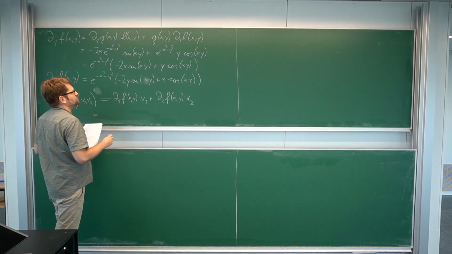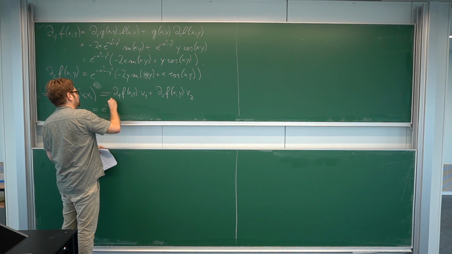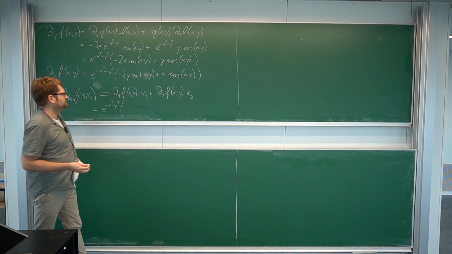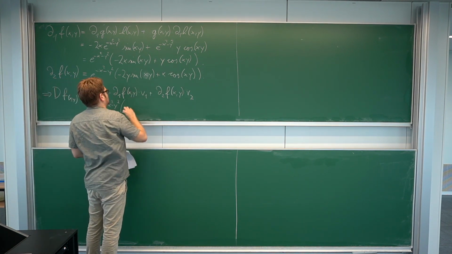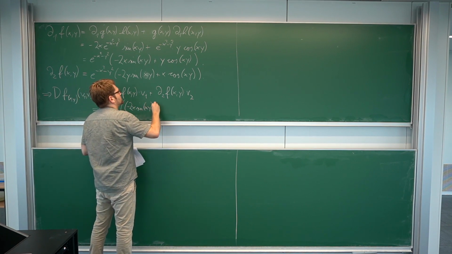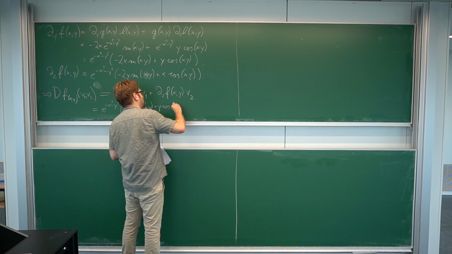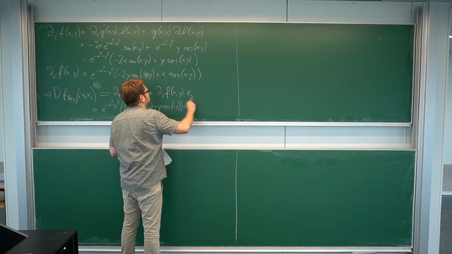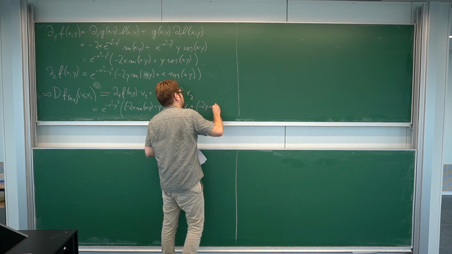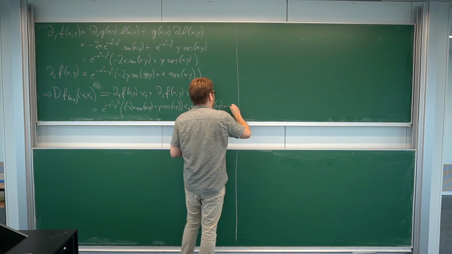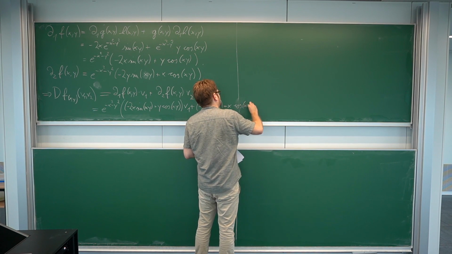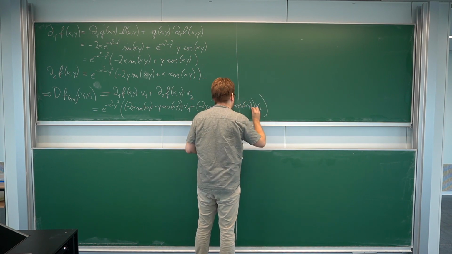And this gives us, if we summarize a bit, e to the minus x squared minus y squared in front of everything, so let's put it in front of a big parenthesis. Then we have minus 2x sine xy plus y cosine of xy times v1, plus this bracket, minus 2y sine of xy plus x times the cosine of xy, times v2, and now close the big parenthesis.